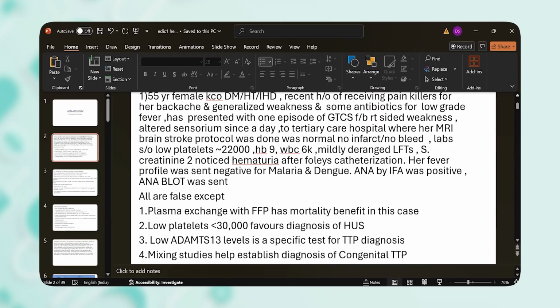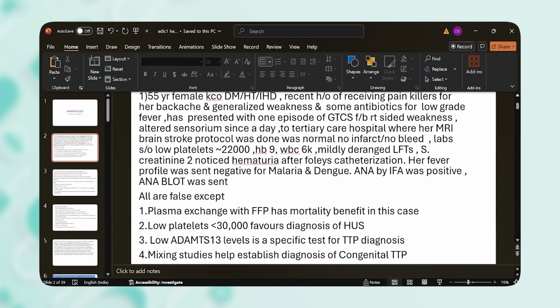So the correct answer is plasma exchange with FFP. It has a mortality benefit. And why FFP? Many times these are acquired TTPs, where there will be production of antibodies against this ADAMTS13 factor, which will be removed through plasma exchange, and new ADAMTS13 will be added through fresh plasma.